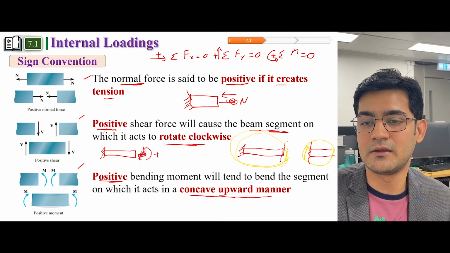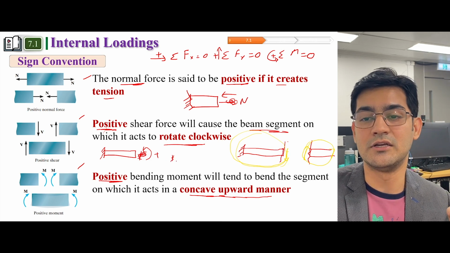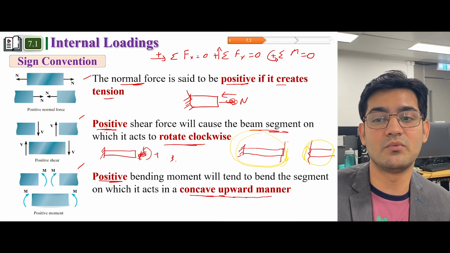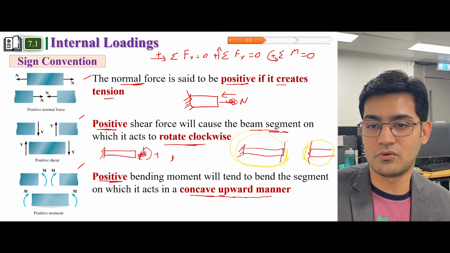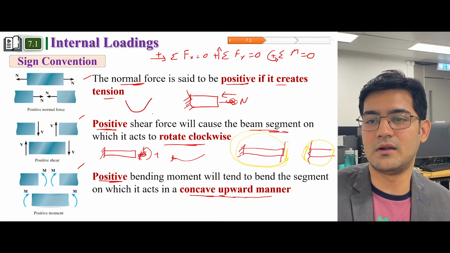And this moment is tending to rotate the cantilever beam in a concave upward manner. So if we imagine how this bending moment will rotate the beam, it will rotate the beam something like this. So this is a concave upward manner.